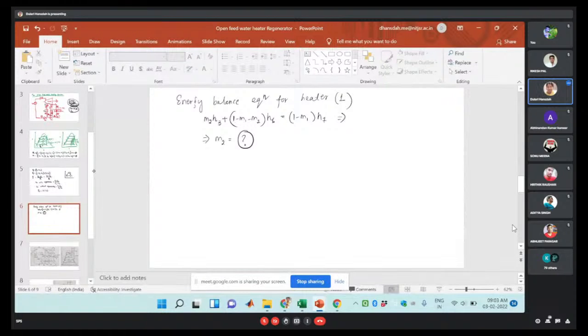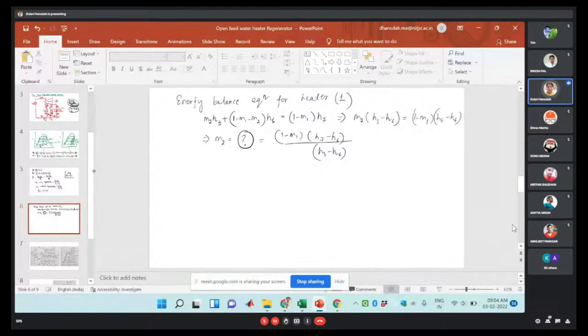M2 times H3 minus H6 will be 1 minus M1 times H7 minus H6. So M2 will be equal to 1 minus M1 times H7 minus H6 upon H3 minus H6, right? From this equation we get M2, the amount of steam drawn from the turbine at point 3. Someone asked, ma'am, is this a heater or a heat exchanger? It is one type of heat exchanger.